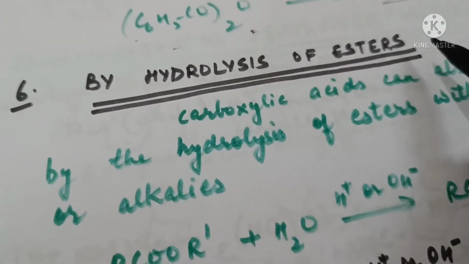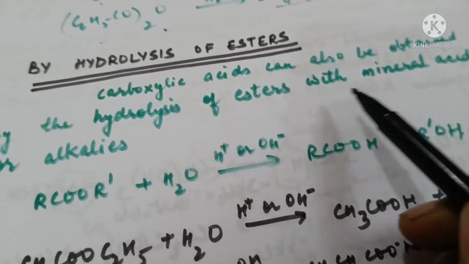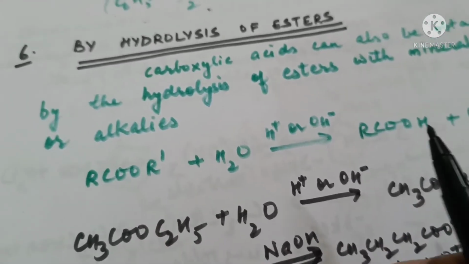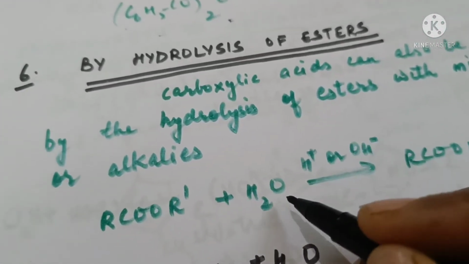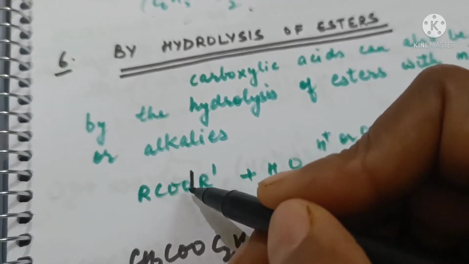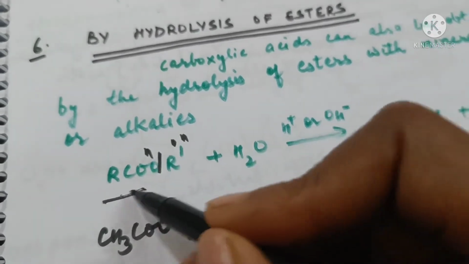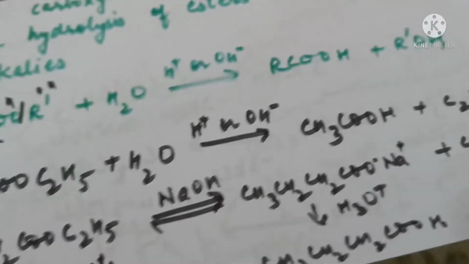By hydrolysis of esters, carboxylic acids can also be obtained, by hydrolysis of esters with mineral acids and alkalis. So water breaks up, the H will come here and OH here to form an acid and an alcohol.